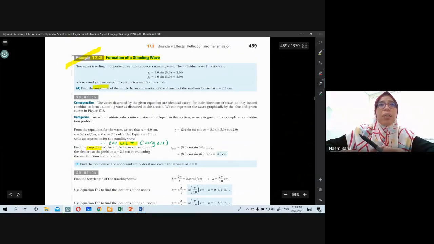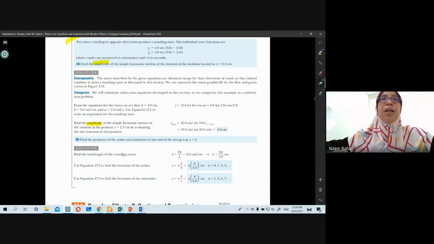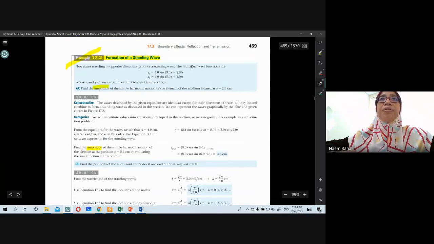We can skip this one. Find the amplitude. Since what you can do is just substitute 2.3 centimeter, and we do not want the effect of 2t here to interfere in our calculation.